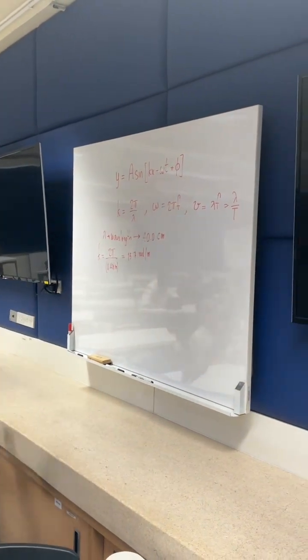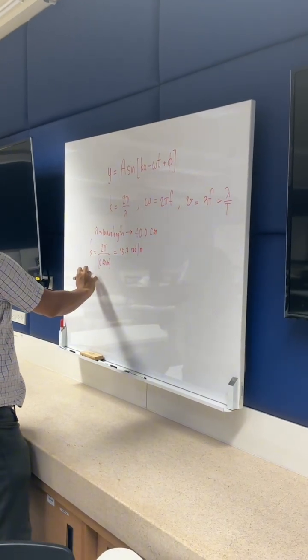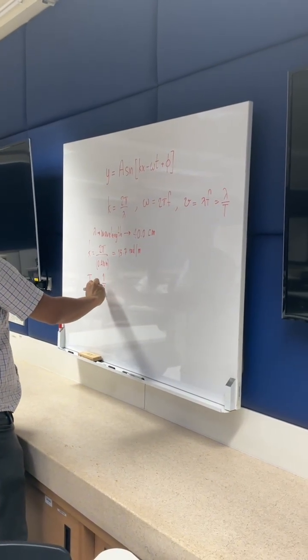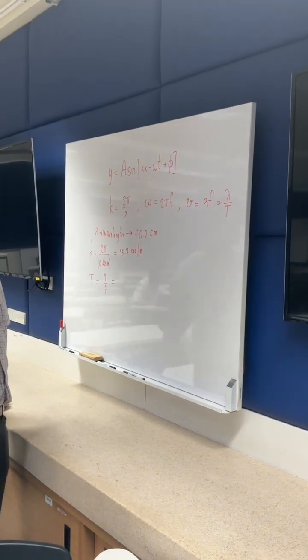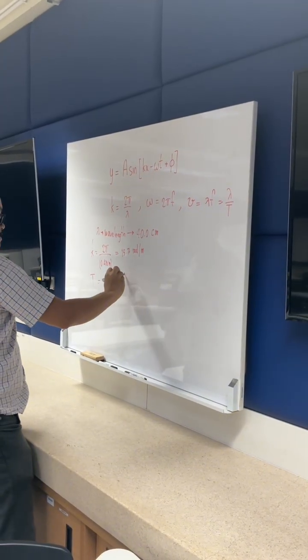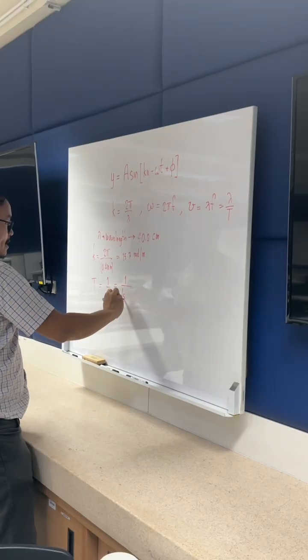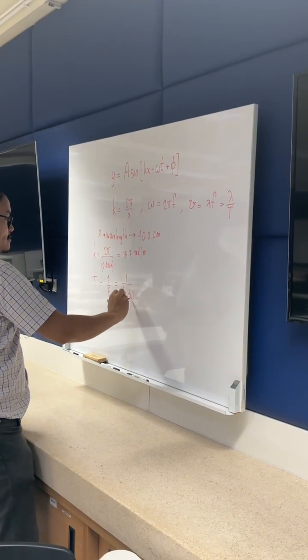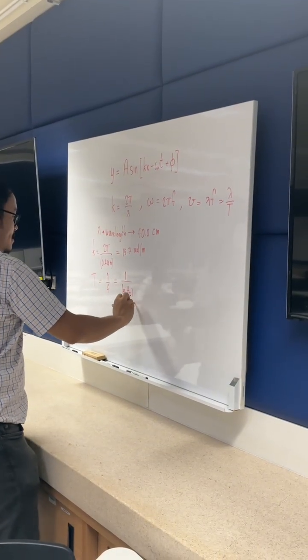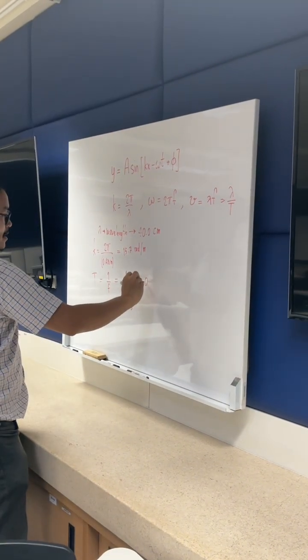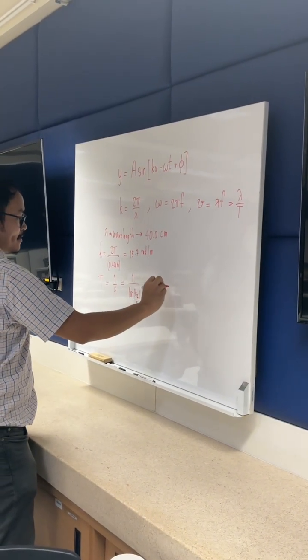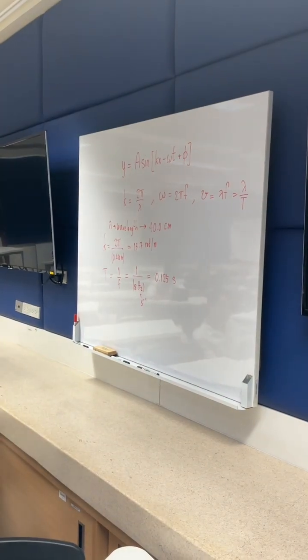And then the next thing is the period, right? The period T is just 1 over the frequency, right? The frequency is given somewhere there, 8 hertz, right? So it is 1 over 8 hertz. Hertz is the inverse of a second, right? So that's pretty straightforward. 1 over 8 is 0.125 second, right?